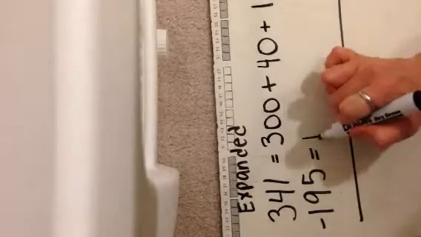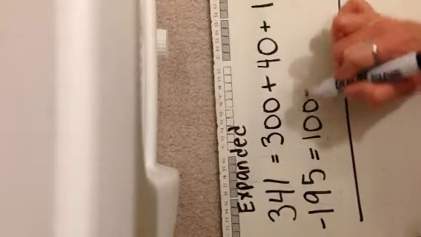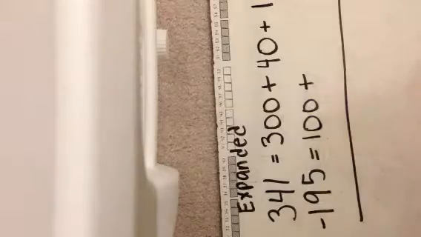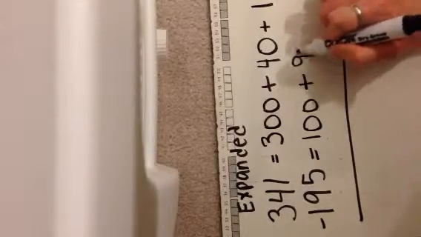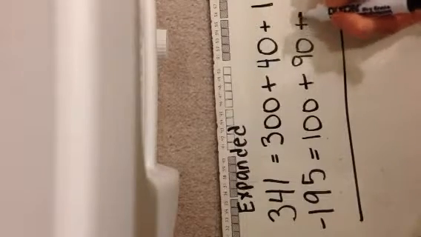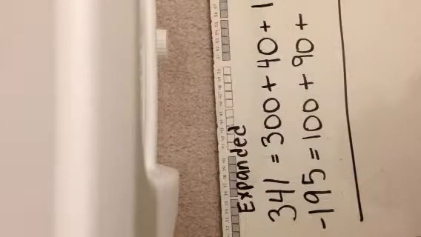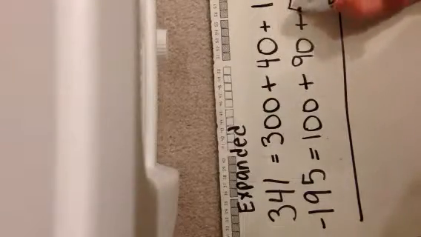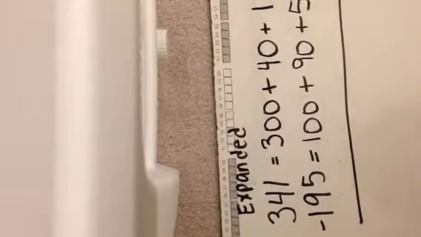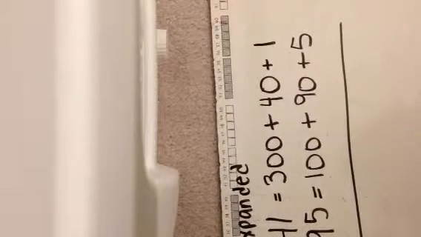We know that there's 100 in 195. We know that there are 9 tens, which is 90, in 195. And we know that there are 5 ones in 195.